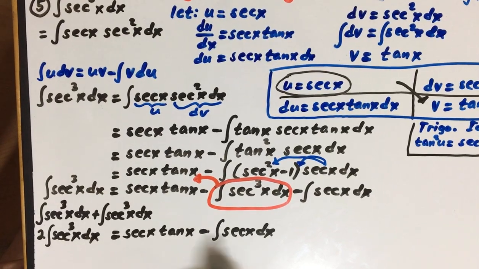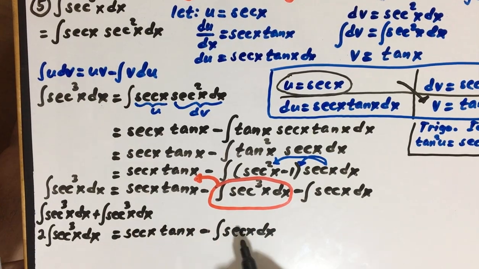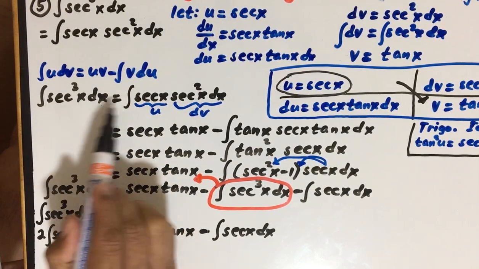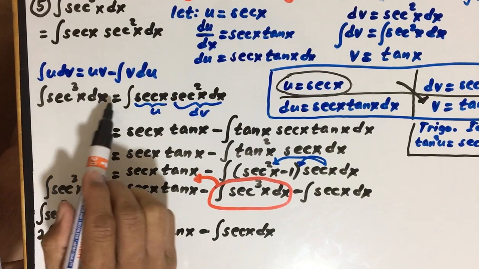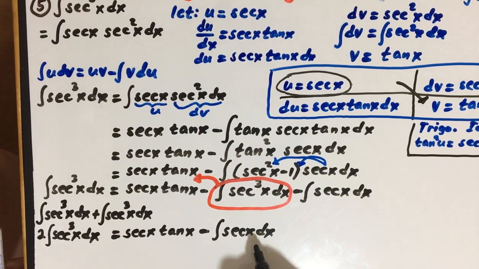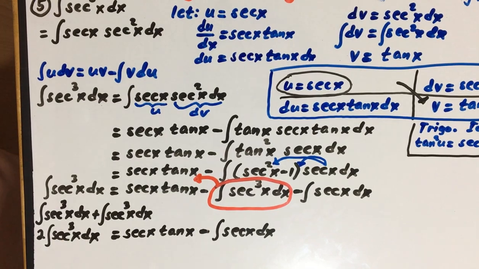You see our expression now reduces from this very long one to this. To get back to the original given trigonometric integral, we have to divide both sides by 2 to eliminate the 2 here.